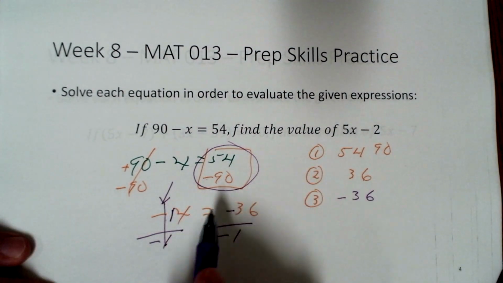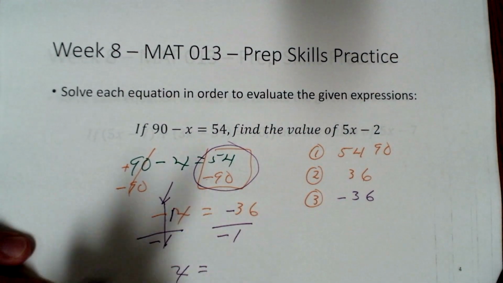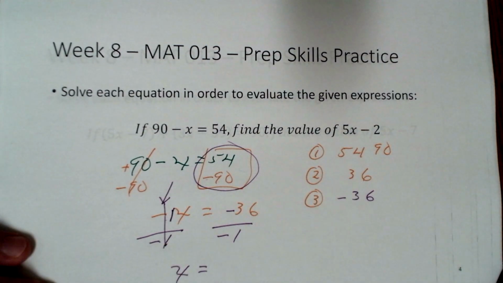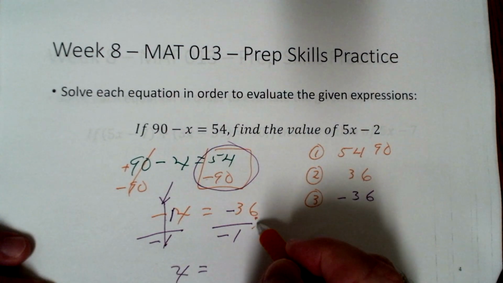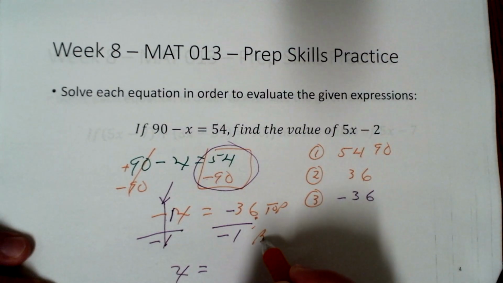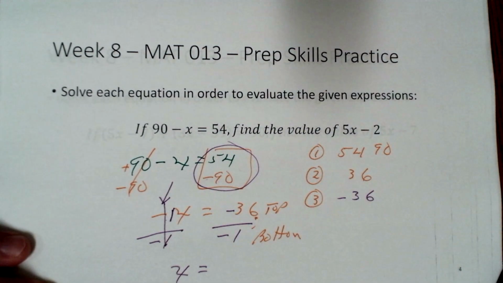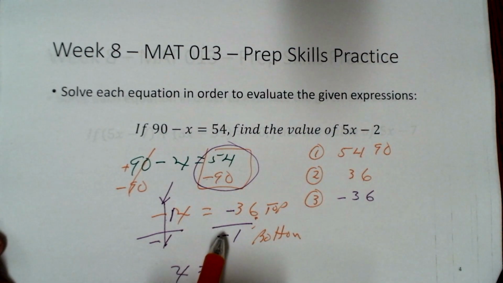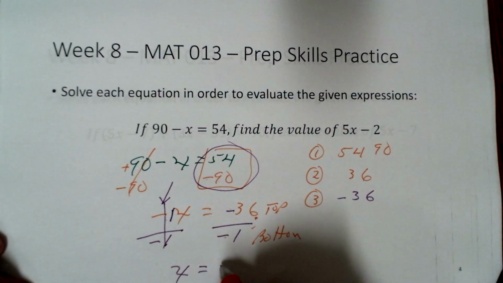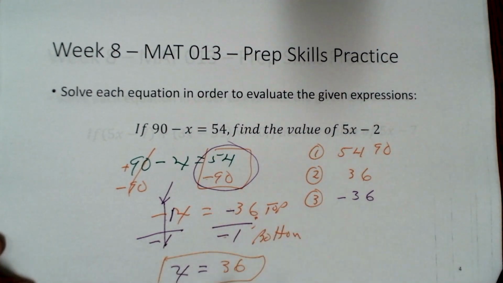Those eliminate each other, so that just leaves us with x. And then over here, of course, we know it's always top number divided by bottom. Fraction bar means divide. And remember, when we're multiplying or dividing with signed numbers, if our signs are the same, the answer is positive. Well, our signs are the same here, so x is equal to 36.